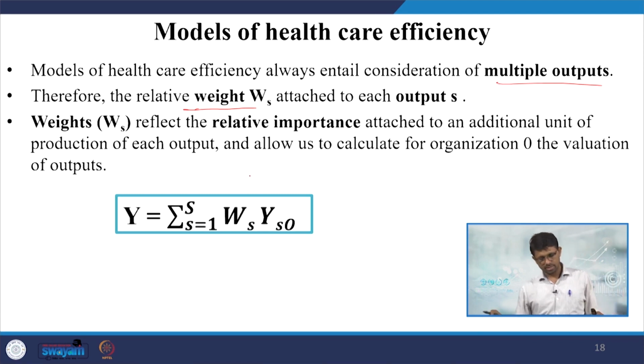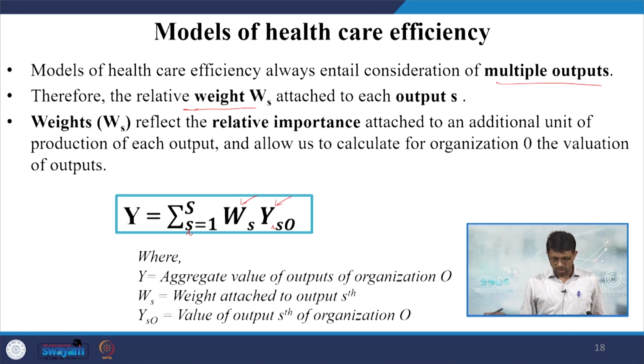The indexed value of the output is precisely a function of the individual outputs and their relative weights at the ith unit. If there are S number of units, you can actually go through accordingly, and O stands for the organization, and hence we can calculate a single variable that will represent the output.